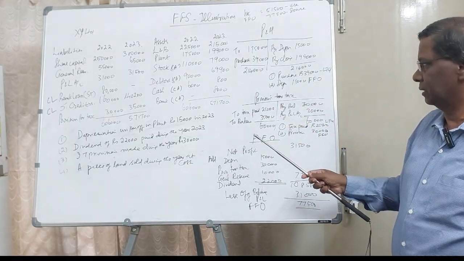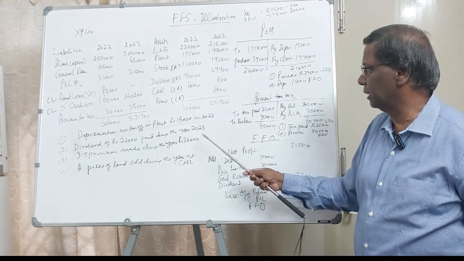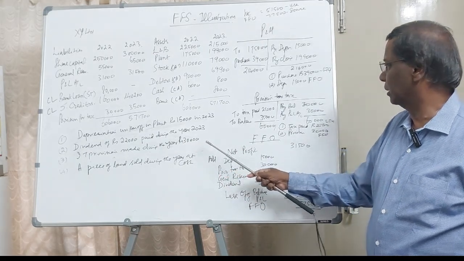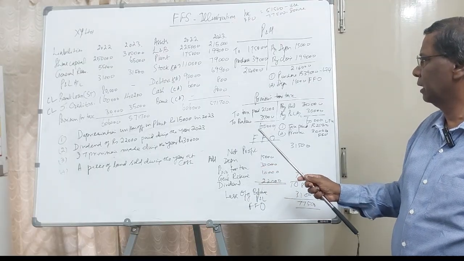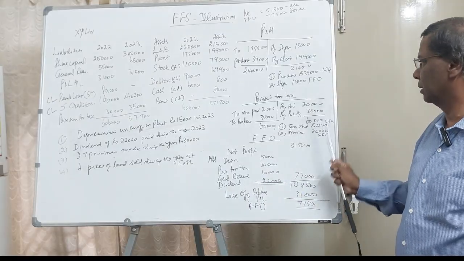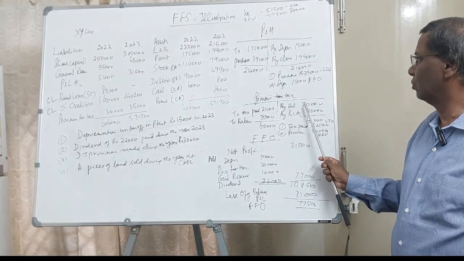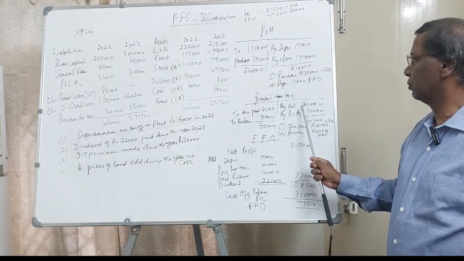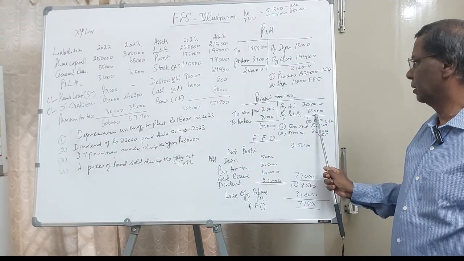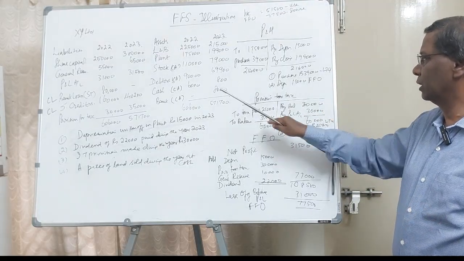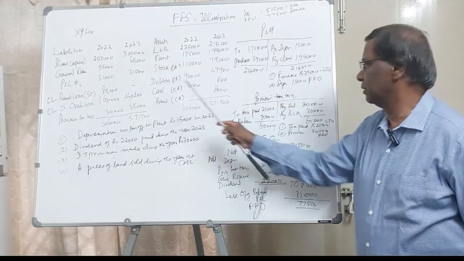Then provision for taxation. You see, they made a fresh provision during the year of 30,000. The opening balance is 30,000 and the fresh provision is 30,000, so the total is 60,000. This side is over. On the other side, you have to put the closing balance, which is 35,000.